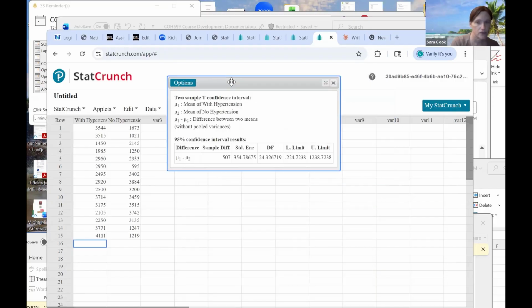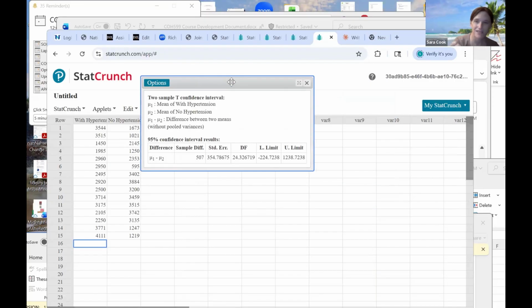It's a slightly different way of looking at this question. When we look at the confidence interval for the difference, it falls between negative 224 and positive 1,238.